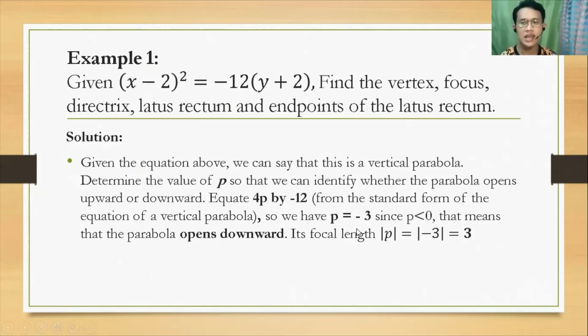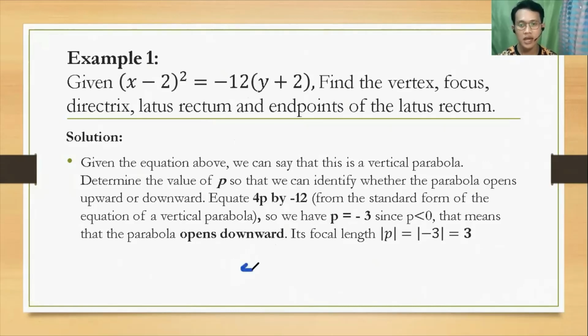Sir, how did you get negative 3? Remember that this position here is the 4p. So you equate negative 12 to 4p. 4p is equal to negative 12. And then find the value of p by dividing by 4. So negative 12 divided by 4, that's negative 3. If you want me to show that one, this is how we do it.